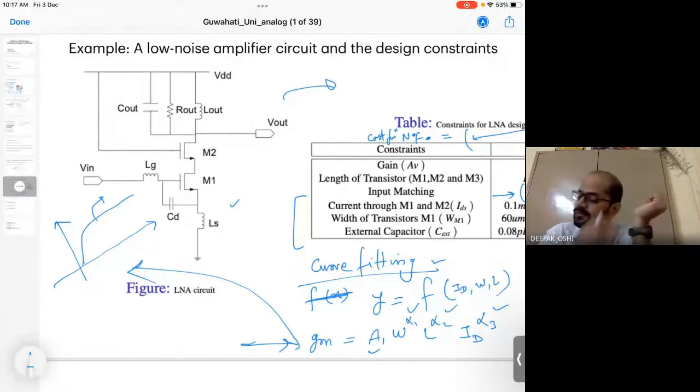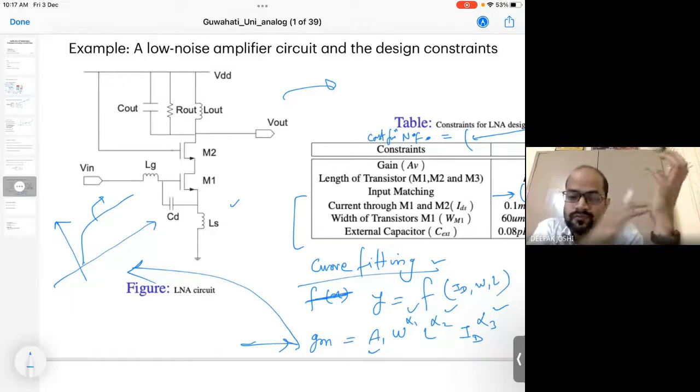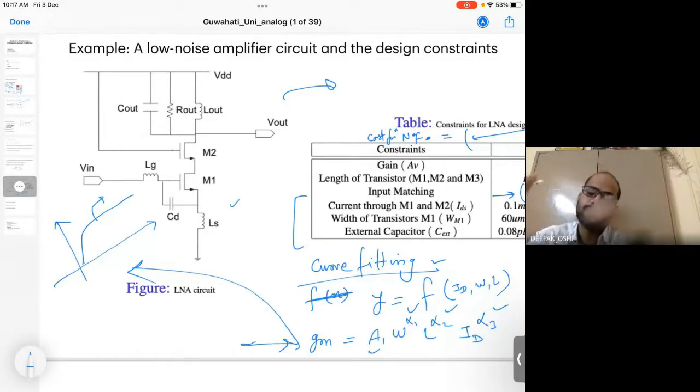That is also one way to avoid the inaccuracy introduced by short channel effects or by neglecting some of the terms.